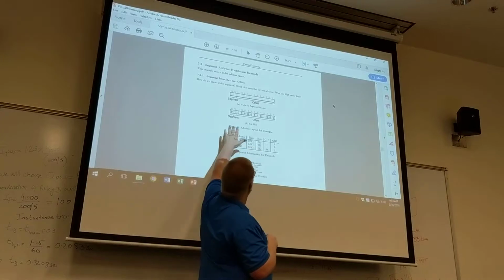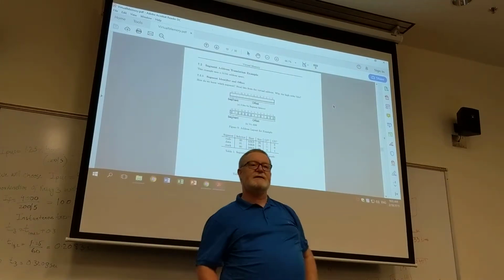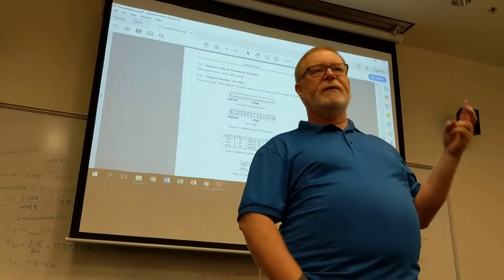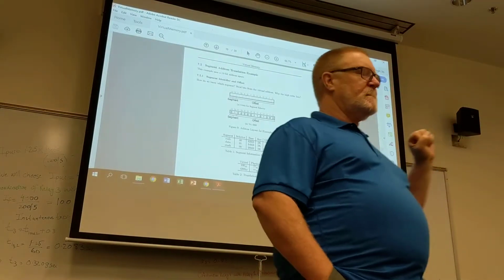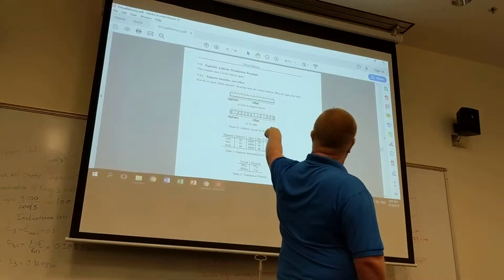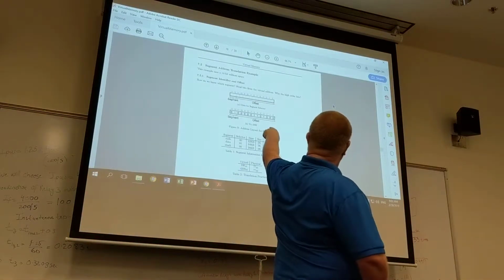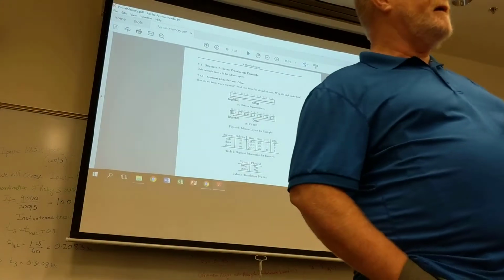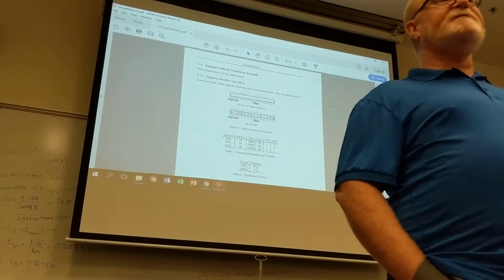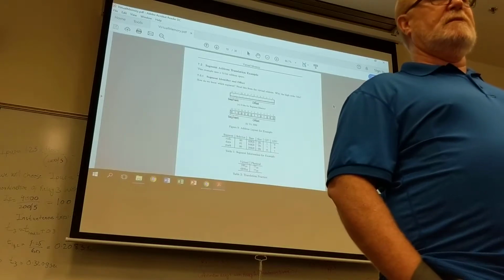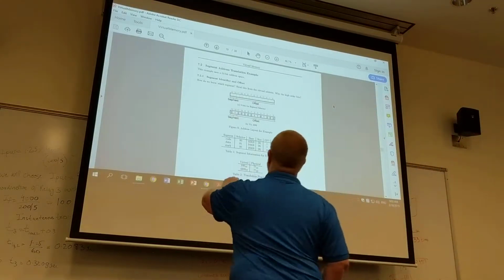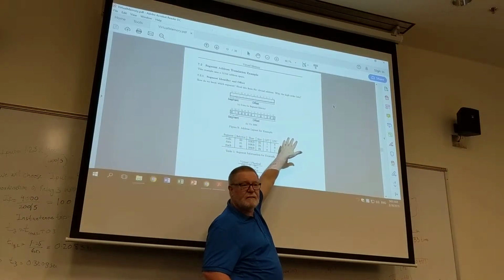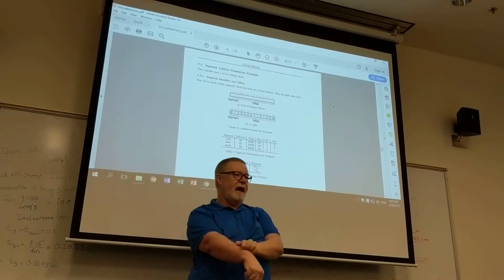If the segment specifier is 0, 1, remember I said we're only going to have 3 segments we cared about, so we need 2 bits. If we're in segment 0, 1, the lowest offset into that segment is 0, and the highest offset is all 1s, isn't it? And if we keep this number fixed, all of these addresses are contiguous, aren't they? So this is why we steal high order bits.